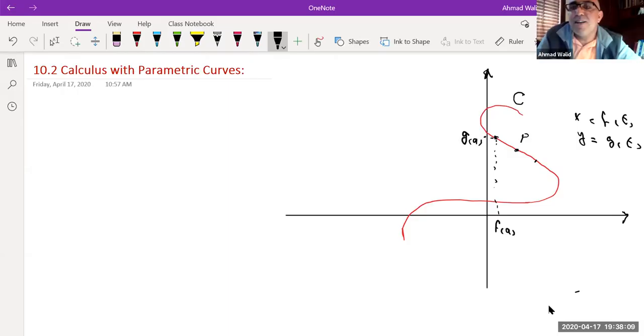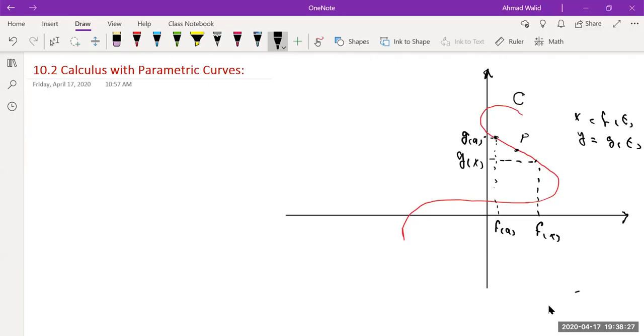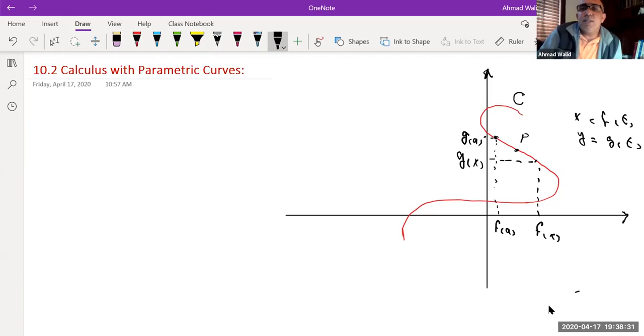g of a, because look here, f of t, g of t, right? If I name, for example, this one f of x, the coordinate on the y will be g of x. By doing this, you see that you can represent this part of the curve as a function of y with respect to x.